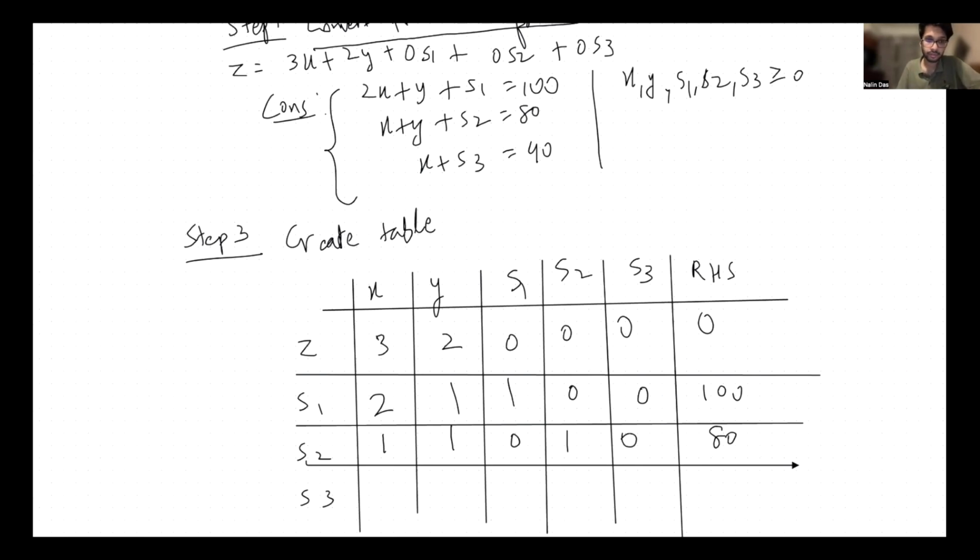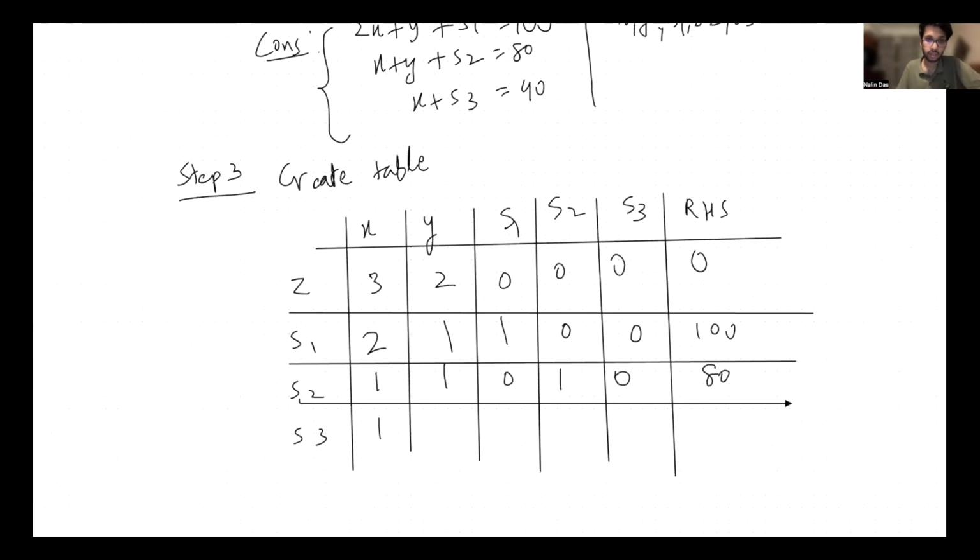Then we have 1, sorry, 0, 0, 0, 1, and 40. I hope this is clear. We are basically taking the constraints from here in the last case.